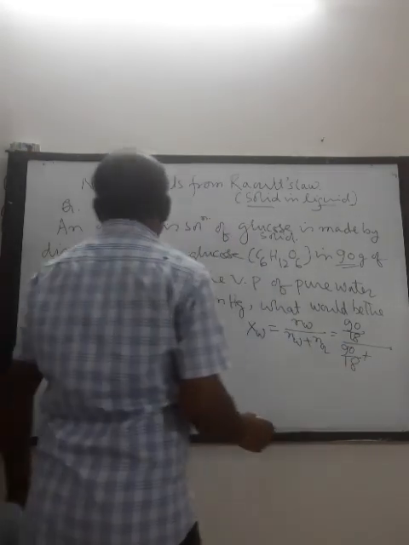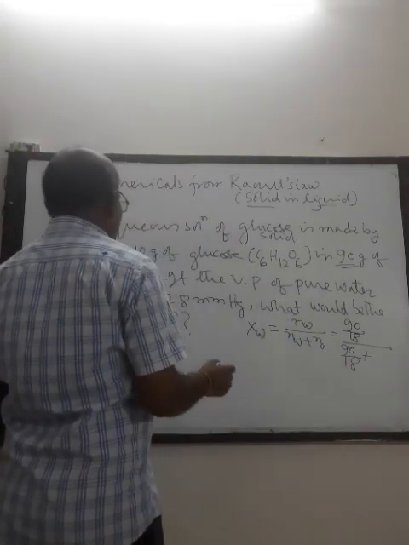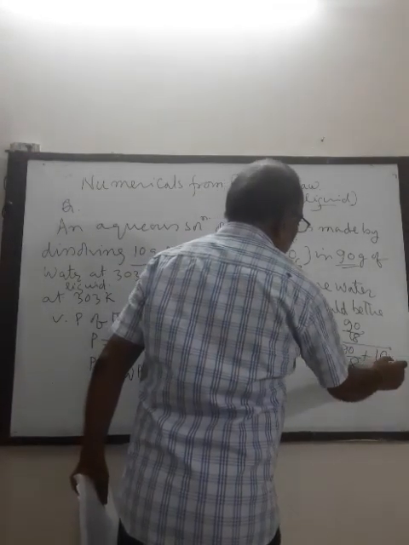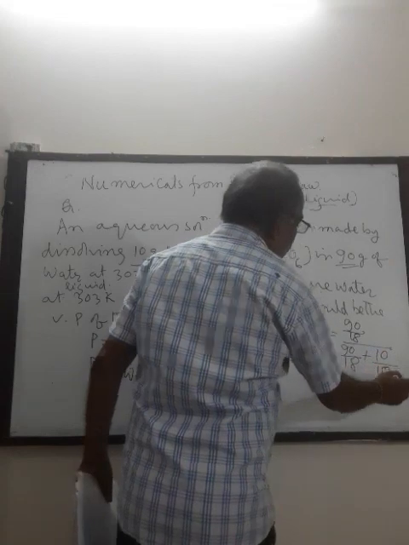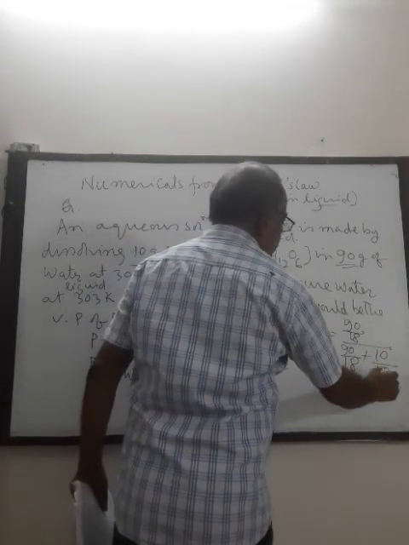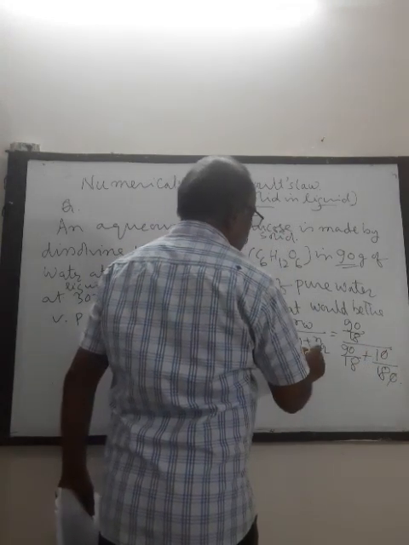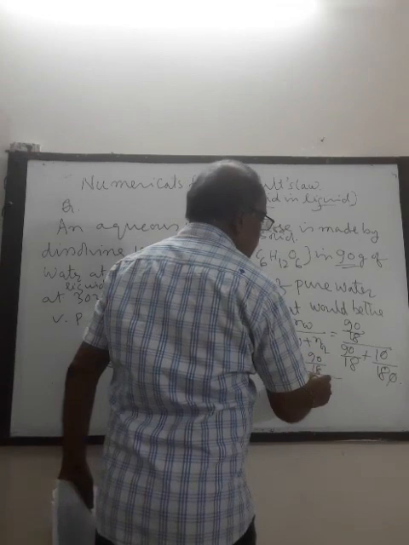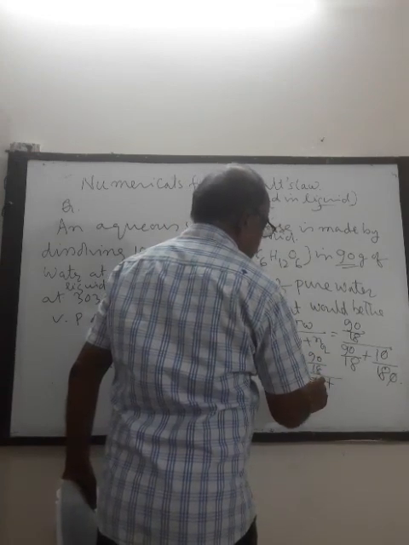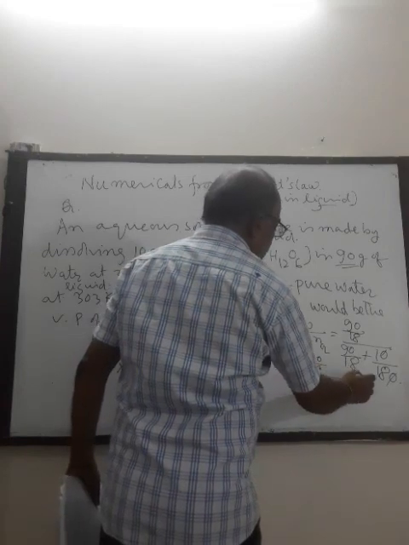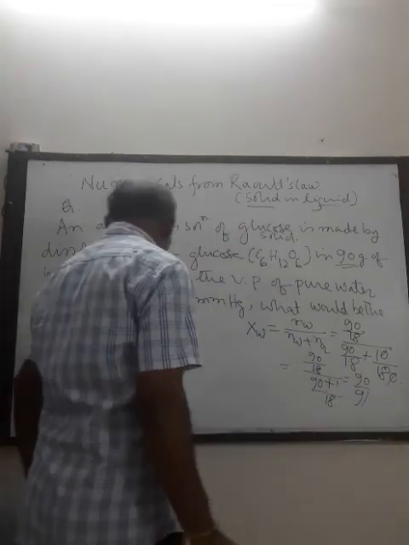And the number of moles of glucose: the mass of glucose is 10, and the molar mass of glucose we all know is 180. So 90 by 18 over 90 by 18 plus 1 by 18, which is equal to 90 by 91.